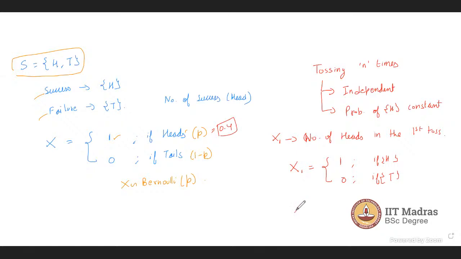Similarly, I can define another random variable x2. X2 is the number of heads in the second toss only. So x2 is again a Bernoulli random variable, which will take value 1 if I get head, which is my success, and 0 if I get tails, right?